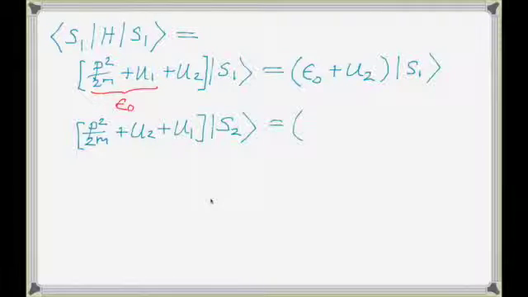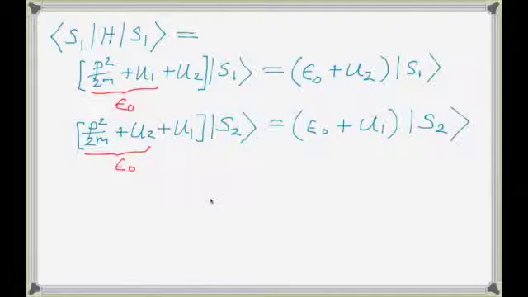Again, the first 2 terms are just going to give me epsilon 0 again, because S2 is an eigenstate of those 2 terms. So I again get epsilon 0 plus u1. Okay, and so now we can go ahead and calculate, using these 2 things we've just written down, the actual matrix elements.